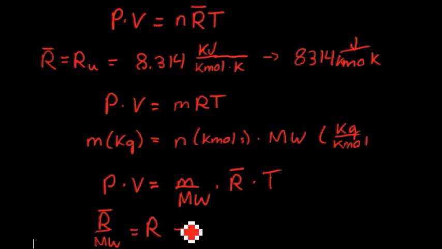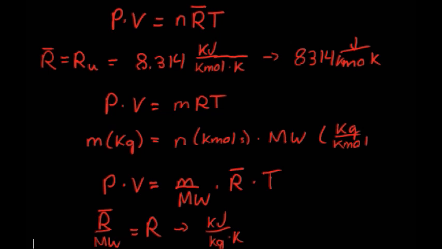Okay, and that would be in kilojoules per kilogram Kelvin, and this is kilograms of whatever substance you actually have. So it's important to really know which ideal gas constant you're using. Is it gas specific, or is it just the ideal gas constant?